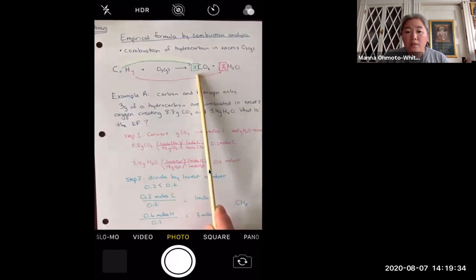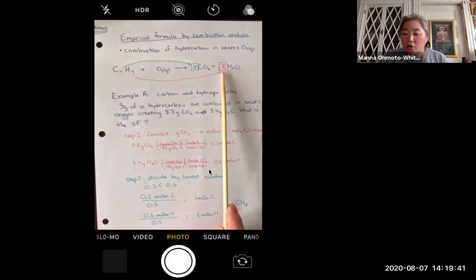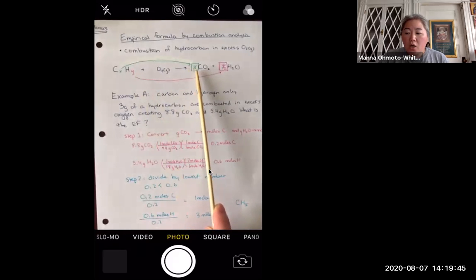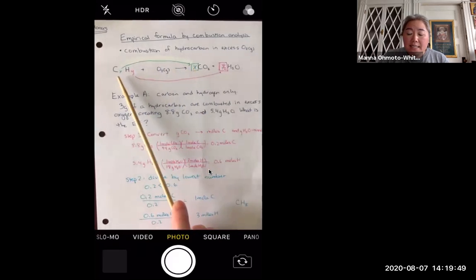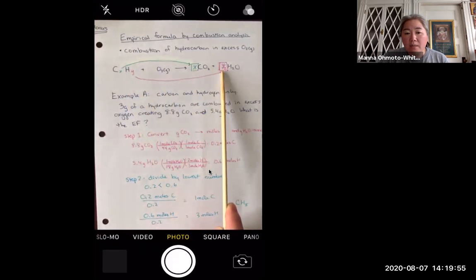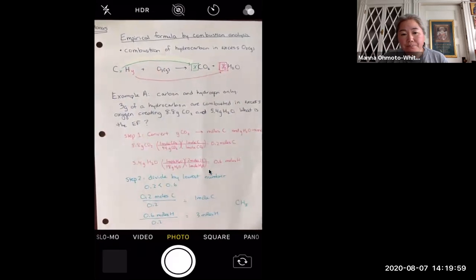All of the carbon in the carbon dioxide came from the hydrocarbon, and all of the hydrogen also came from the hydrocarbon, such that however many moles of carbon dioxide I make is the subscript of my compound for C, and half of the moles of water that I make will be the subscript for my hydrogen.